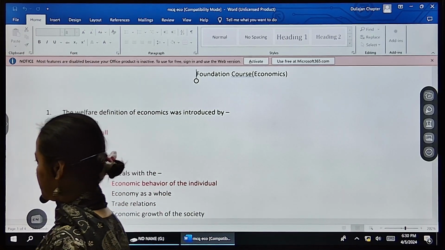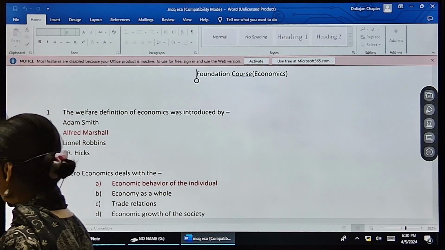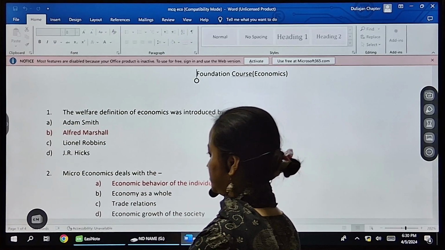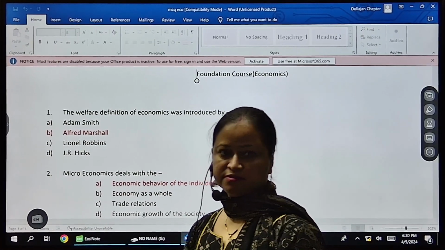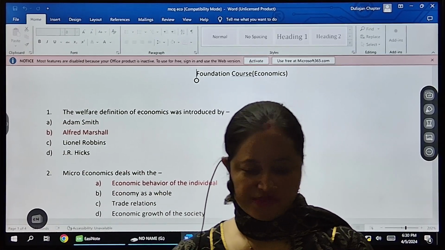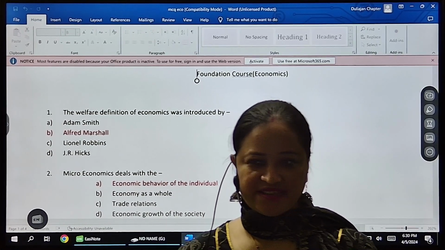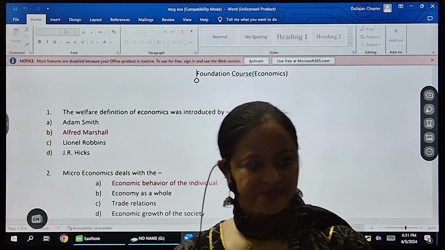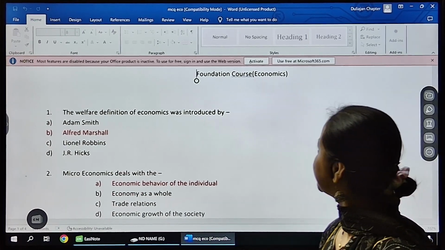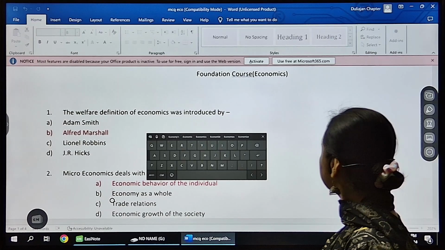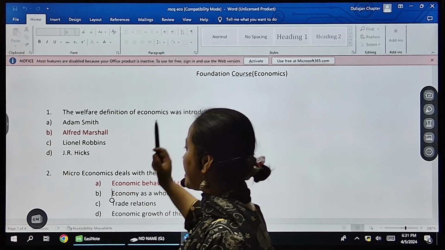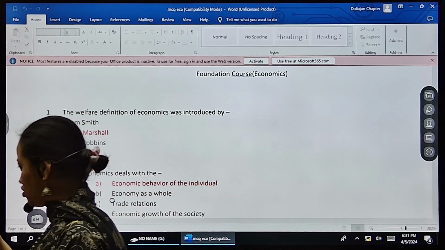You can't see. Okay, you can see this. The welfare definition of economics was introduced by. The students who are attending online, you can write.